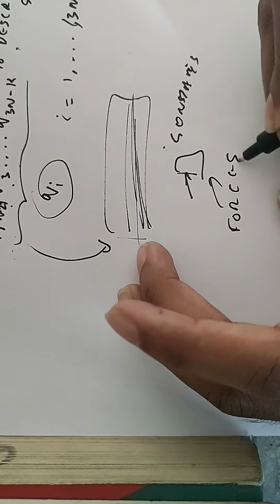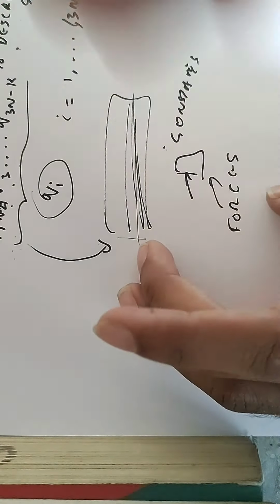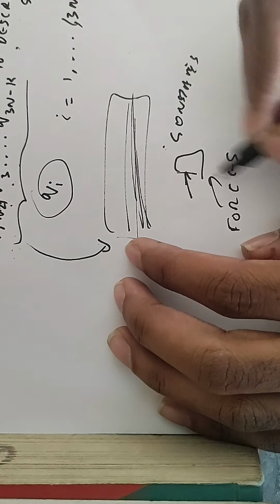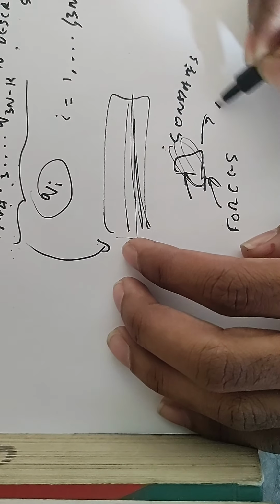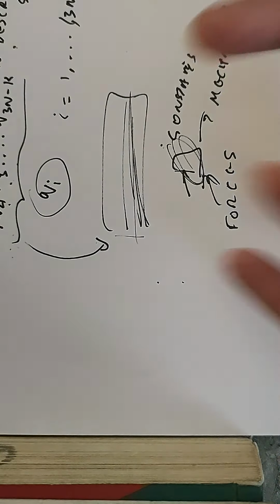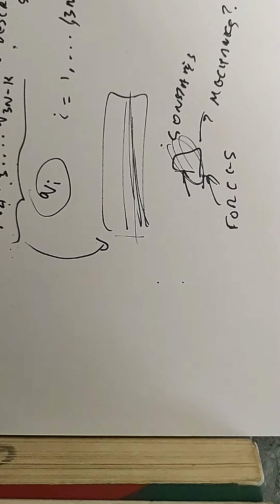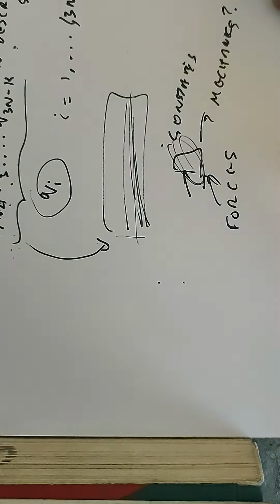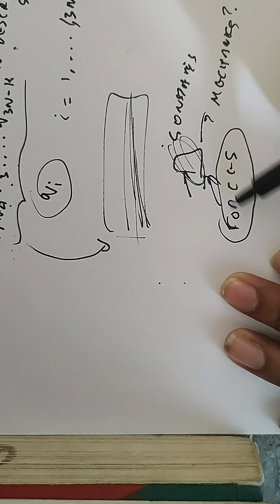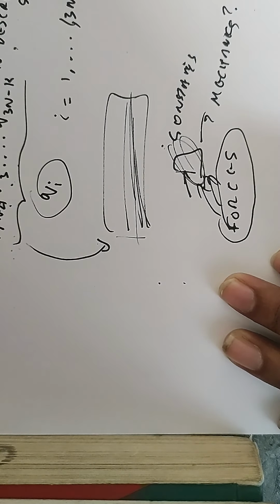And what causes the mechanism may generally not be known, right? I just apply the force and there are constraints on the system. I don't know the mechanism that caused the constraint. So it becomes necessary to eliminate this kind of constraint that is caused by force.